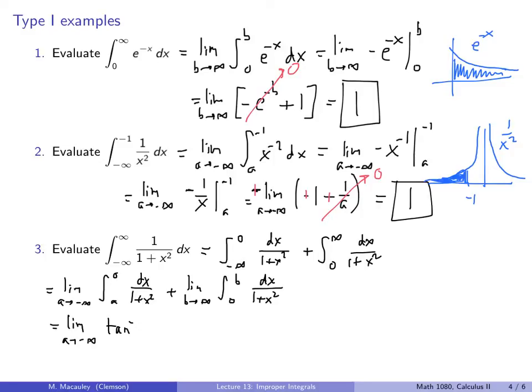Inverse tangent of x, and this is from a to 0. Again, I'm not good with the pen tonight. From a to 0. The next one is the limit as b goes to infinity of inverse tangent.